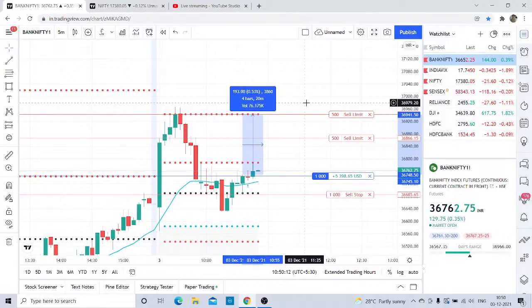This is based on pure price action. We are placing this order. India VIX is in negative, it's red, so we can expect the Indian market to be in green today.